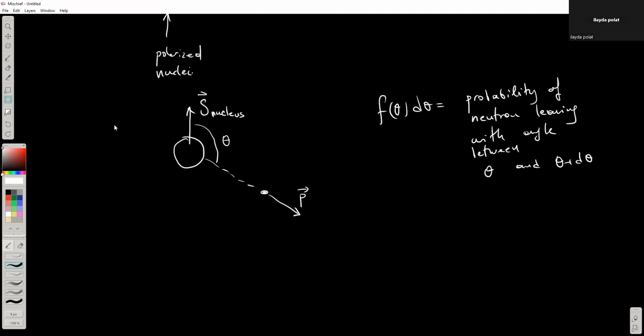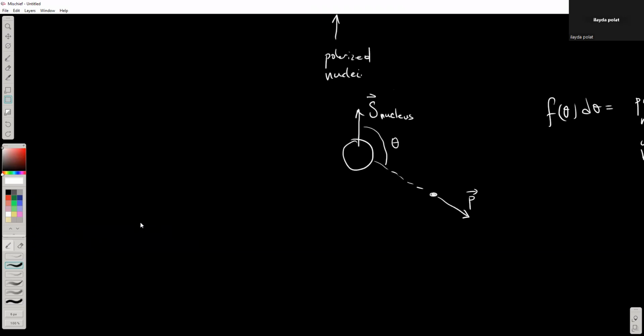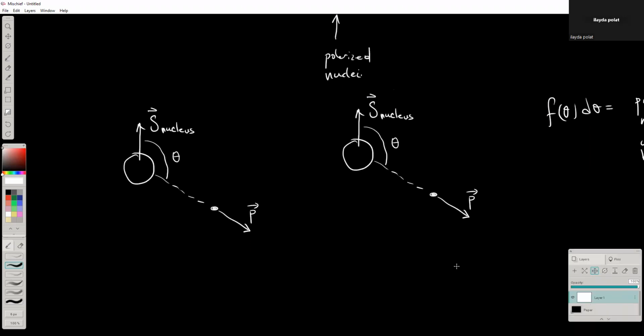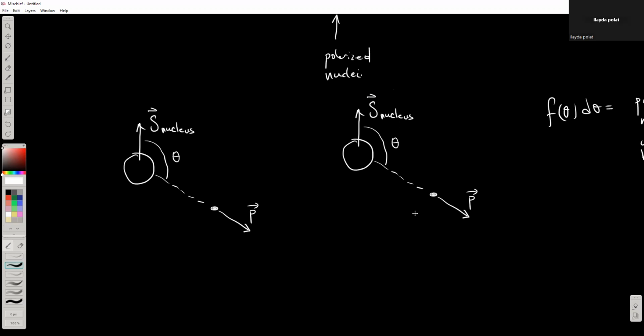If you just look at this picture in here, just take a reaction like that, okay? And look at its inversion symmetric situation. This is just a process, a single process.